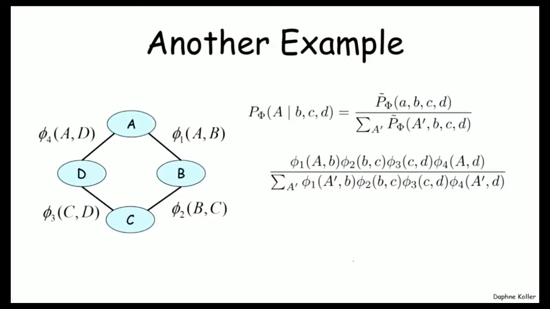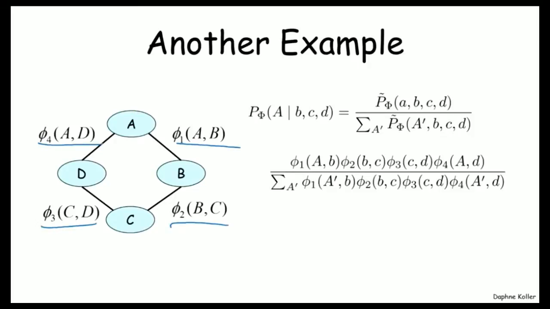So now we're doing an example that's a Markov network in order to demonstrate that this is equally applicable to both. So this is our good old misconception network where we have these 4 factors, phi1, phi2, phi3, and phi4.